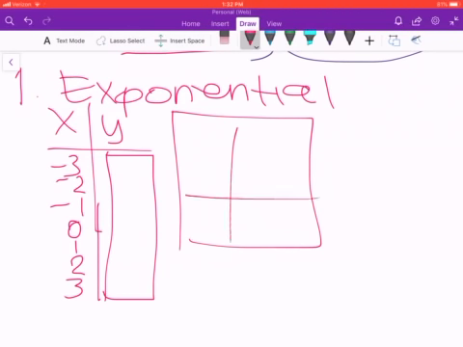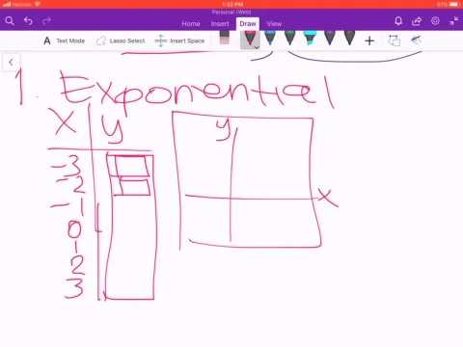You do that by plotting the points. I apologize, that's my dog barking. So you figure out your y values and then plot your points, x and y.